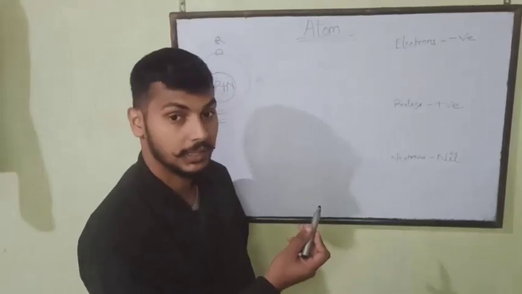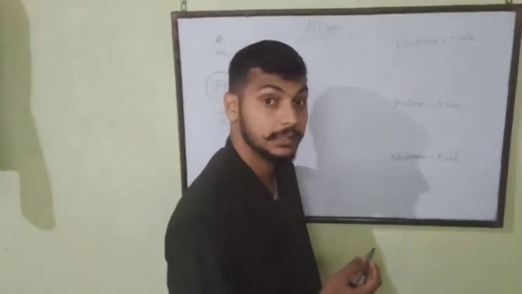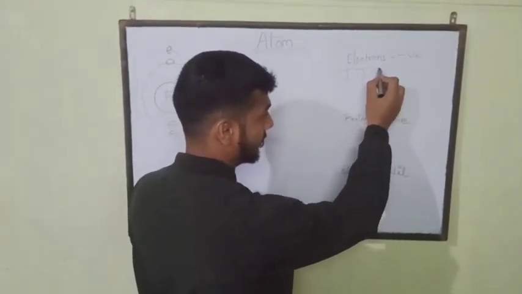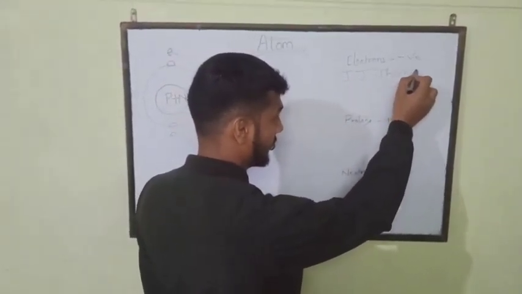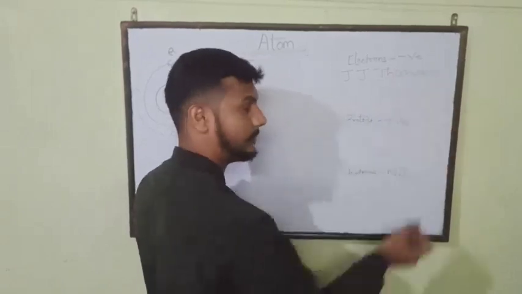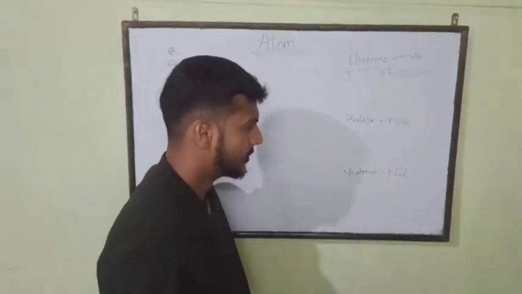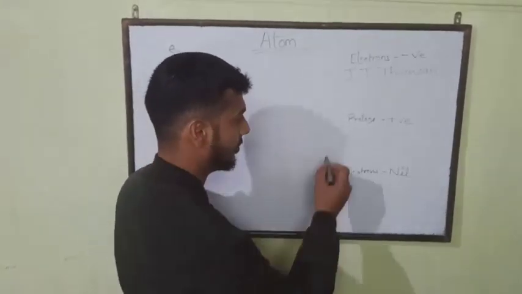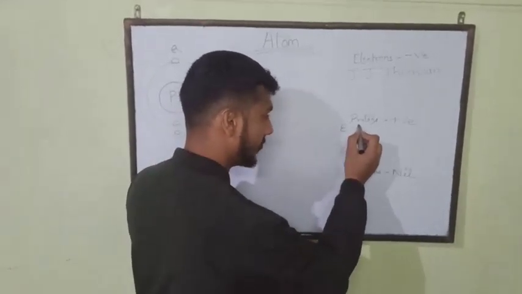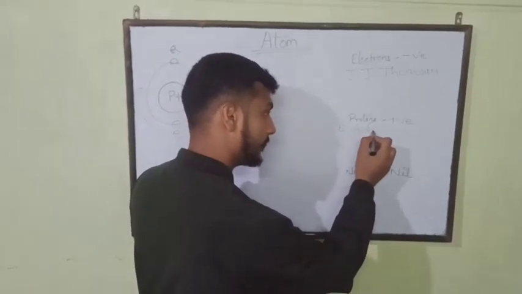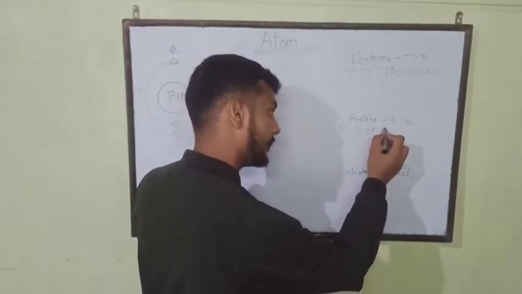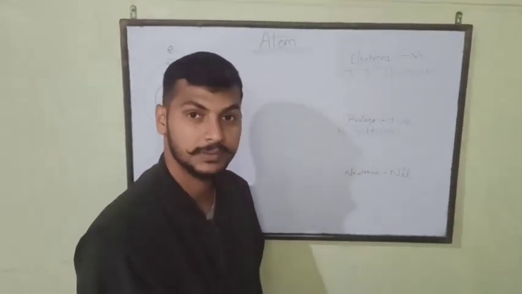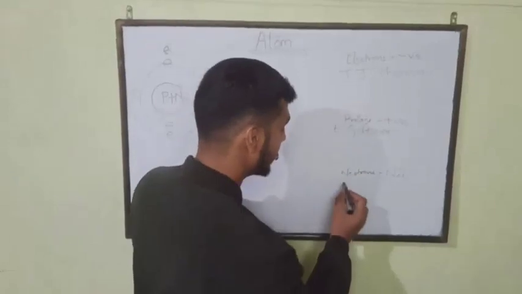Electrons were discovered by J.J. Thomson. Now about protons, who gave it? Protons were discovered by E. Goldstein. And what about neutrons? Neutrons were discovered by James Chadwick.